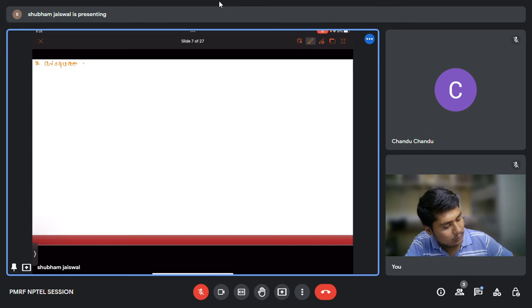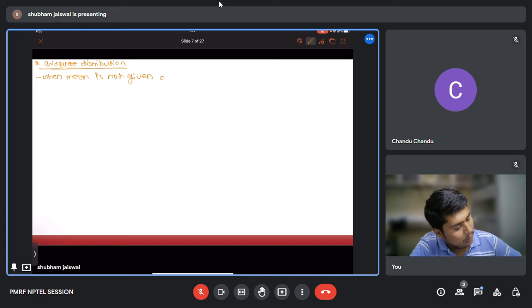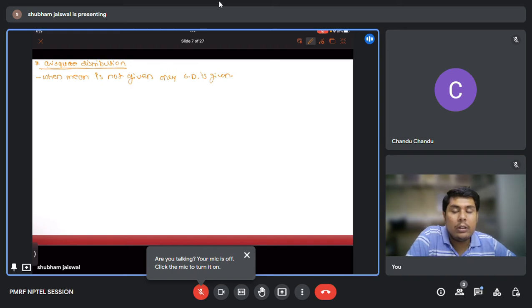So what does it do? It makes the estimate based upon the standard deviation of the sample.